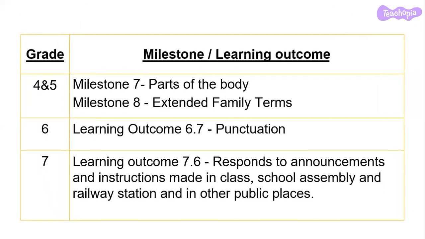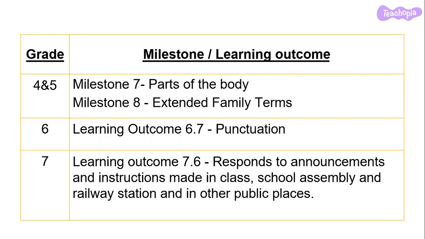Coming back to this module, we will be dealing with milestones 7 and 8. For milestone 7, we will be dealing with parts of the body. For milestone 8, extended family terms for grades 4 and 5.